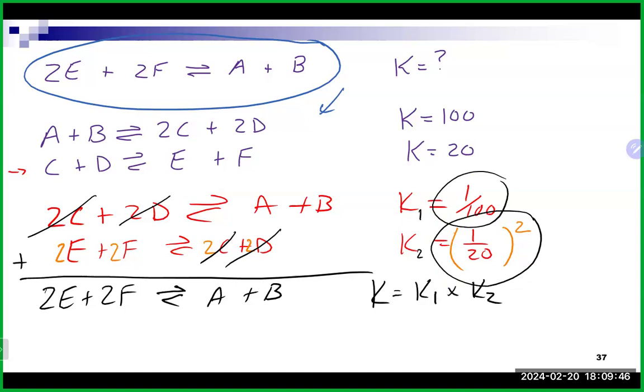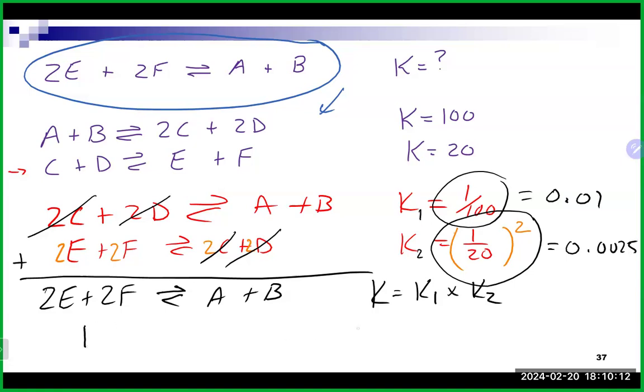So if I do that, that's basically 1 divided by 100, which means I got something like 0.01 here. And that is 1 divided by 20. And then I also need to do a little squaring of that, and that's going to give me 0.0025 when I do that. Now I could take those numbers and multiply them together.